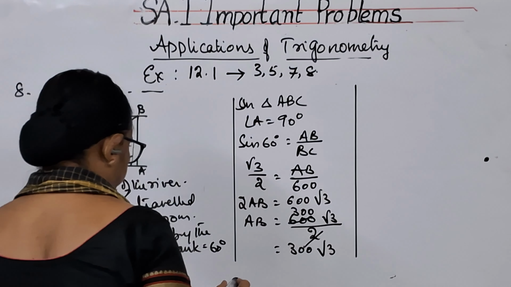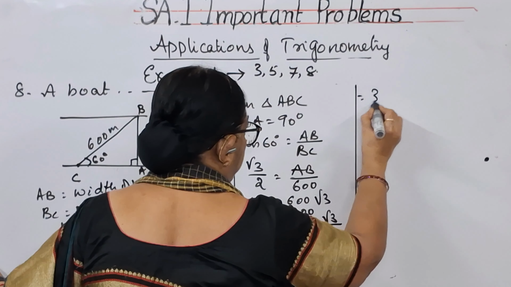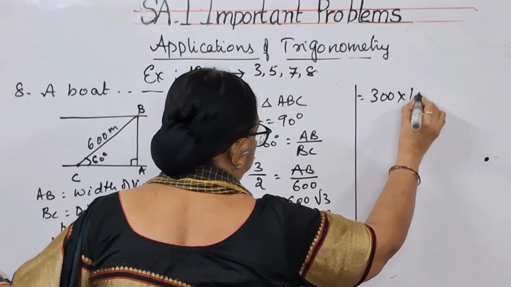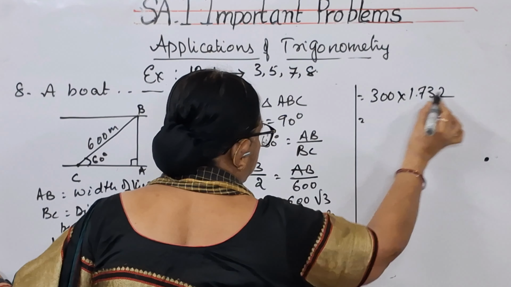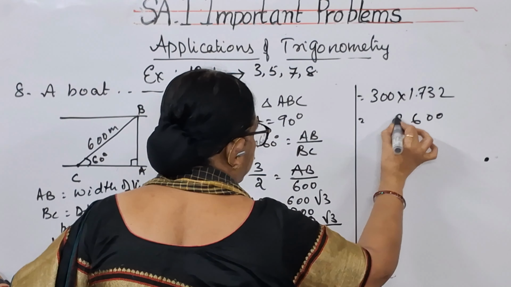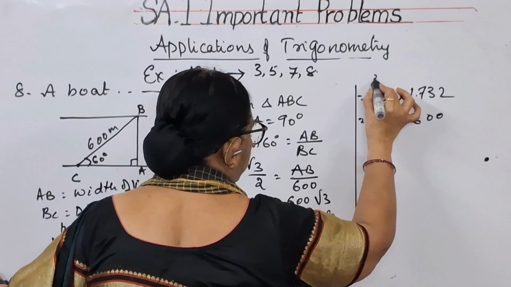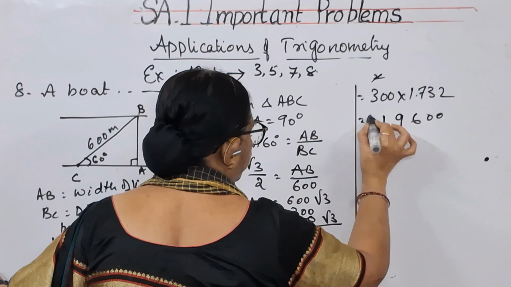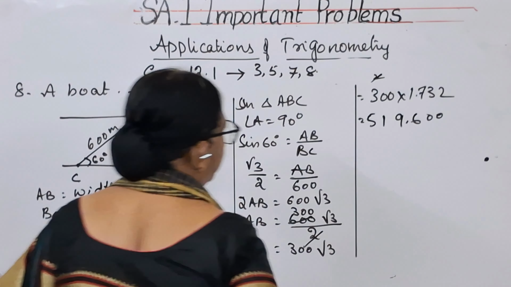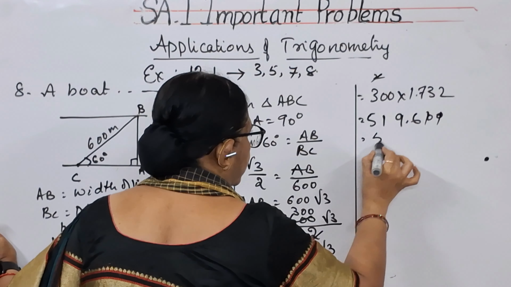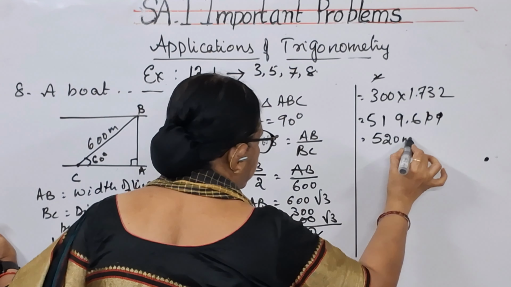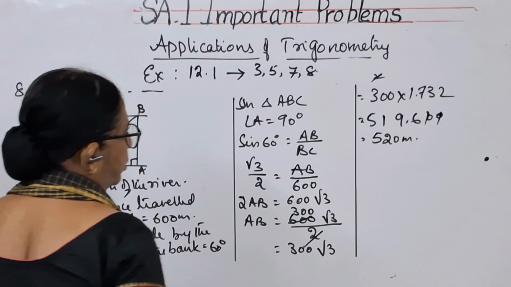How, children? Multiply 300 with 1.732. So 2 zeros, 3 2s are 6, 3 3s are 9, 3 7s are 21, 3 1s are 3, 2, 5. So 519.6, these zeros can be taken out. So 520 meters, approximately.